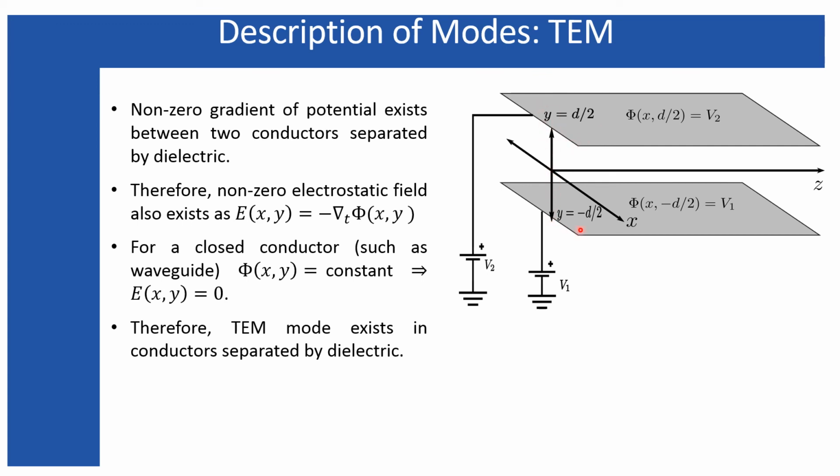At y equals minus d by 2, it is connected with the V1 external voltage source. That is why it gets a voltage V1 over the entire sheet of this conductor, and the top plate is at y equal to d by 2, and it has a potential V2.